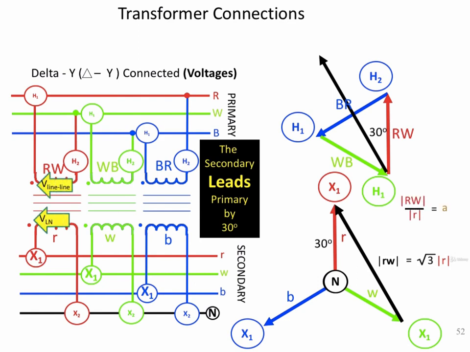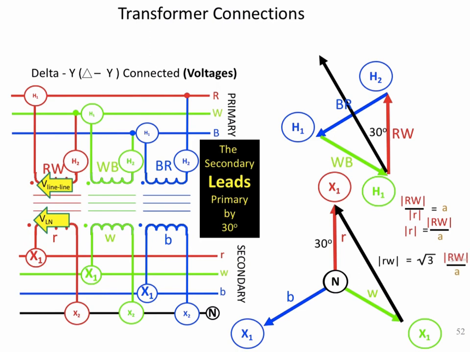And because the phase-to-phase primary is magnetically linked to the phase-to-neutral secondary, the turns ratio may be given by the magnitude of the primary phase-to-phase voltage over the magnitude of the phase-to-neutral voltage on the secondary, which can also be written: the magnitude of the secondary red to neutral voltage is equal to the magnitude of the primary red to white voltage divided by the turns ratio.